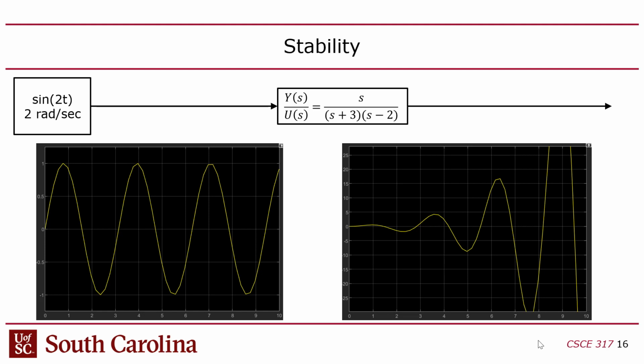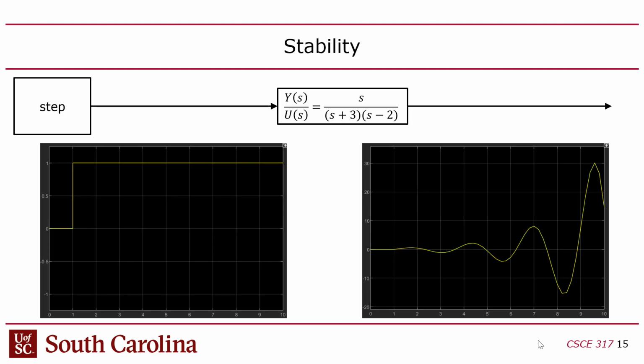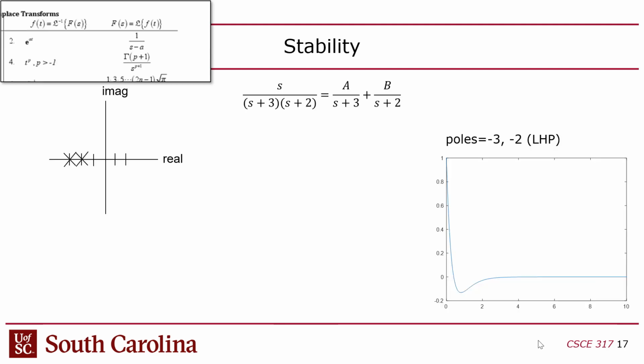Because if you put that input in, and again you simulate it with that sine wave, it has the same kind of behavior as the step function, where it just oscillates with ever increasing amplitude. It's even worse there, though. See that?